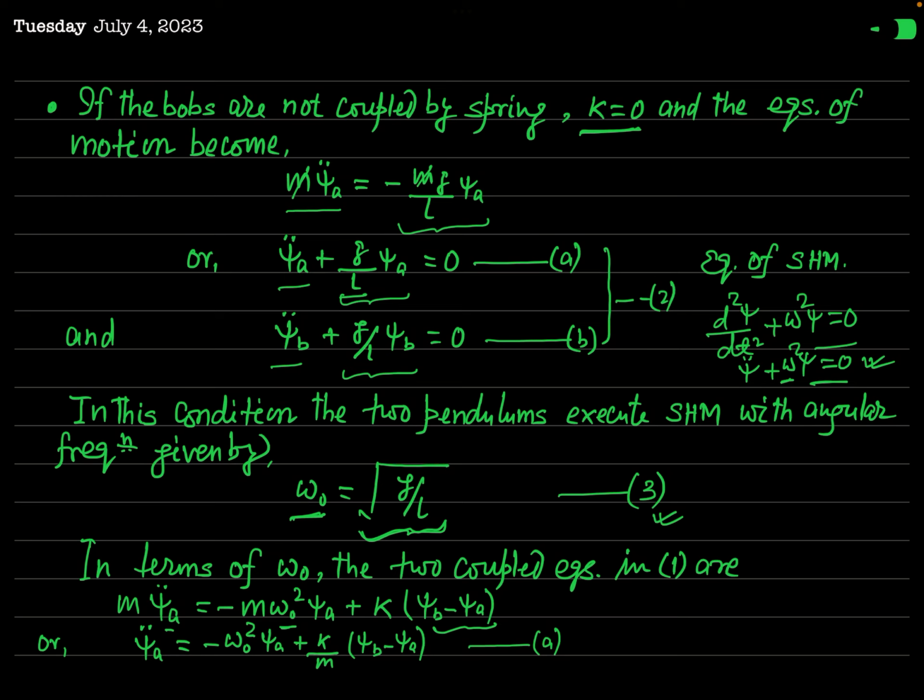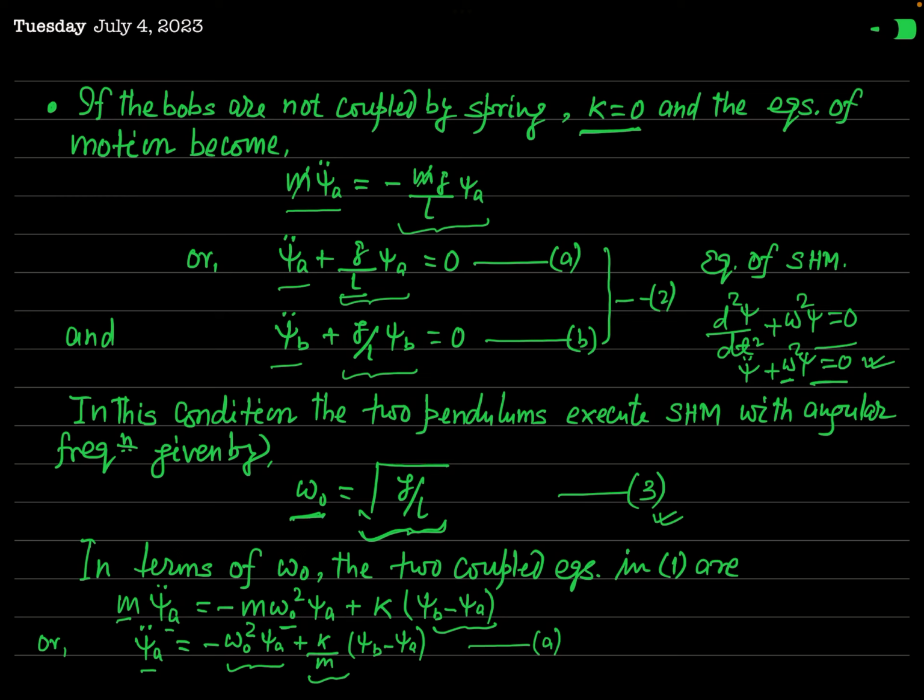Now let us divide by this m in LHS to the RHS of this equation, and so this equation simply becomes psi A double dot equal to minus omega naught square psi A plus k over m times psi B minus psi A. So this is the equation of motion of the first pendulum A in terms of this frequency omega naught.